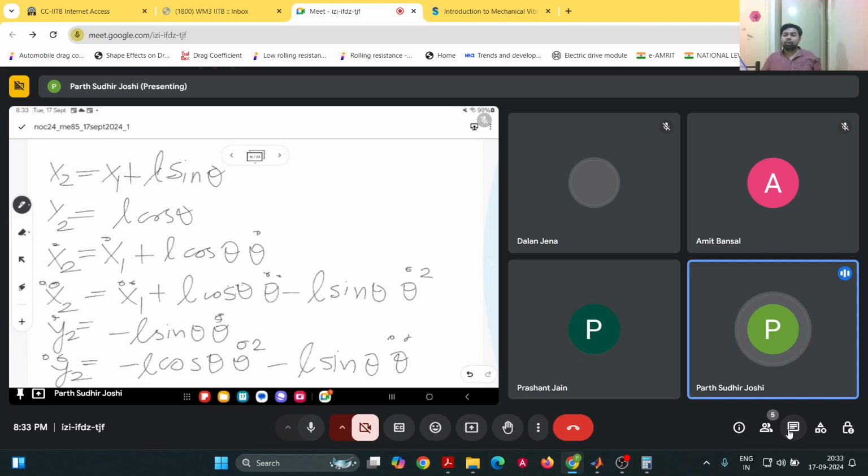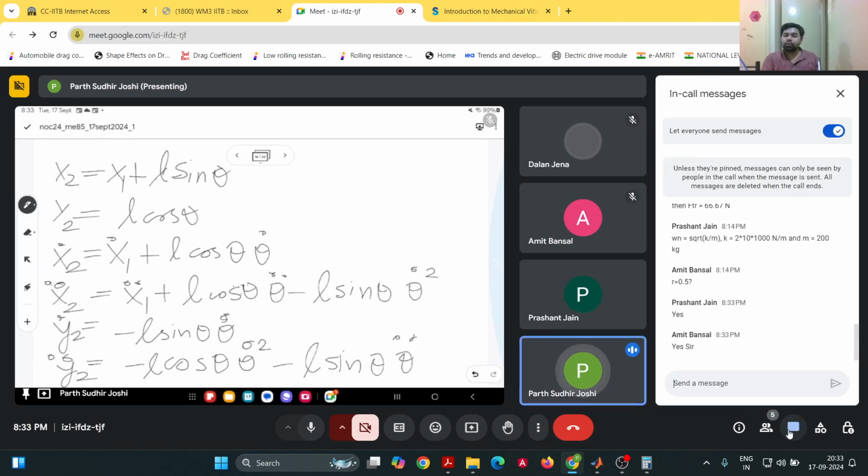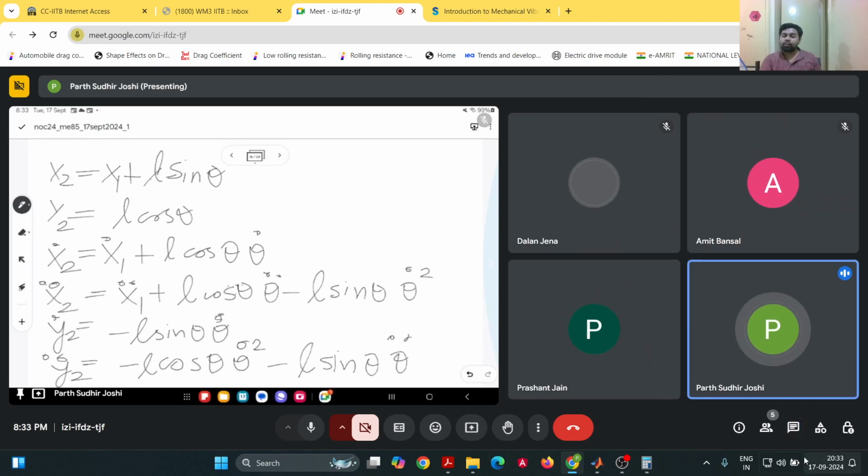Everyone is able to understand till this point? Does anyone have any doubts? You just need to follow the algebra and do the differentiation correctly.